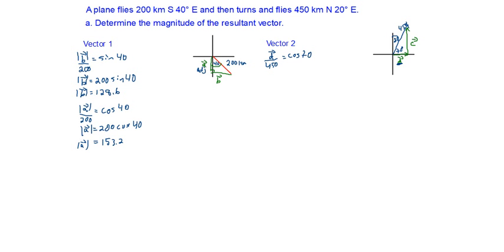And then we can solve for D, the magnitude of D is equal to 450 cos 70. Plug that into the calculator, and we should get a magnitude of 153.9 kilometers.